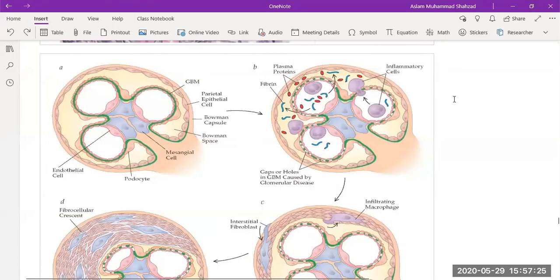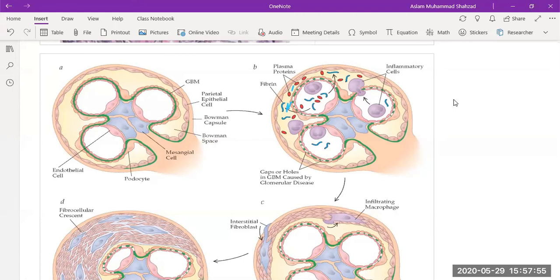If you take a look at picture A, this is a normal picture where there is no moon-like appearance, whereas in B it started to develop the crescent moon with the movement of the fibrin, formation of the plasma protein, and then the infiltration of the inflammatory cells from the spaces caused by the disease, and they're moving to the space.